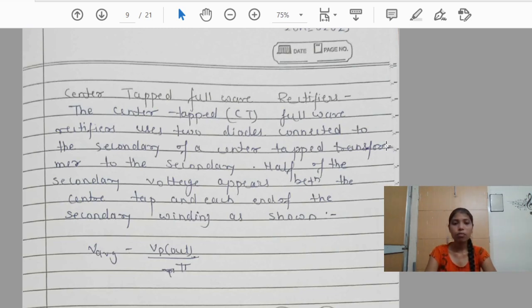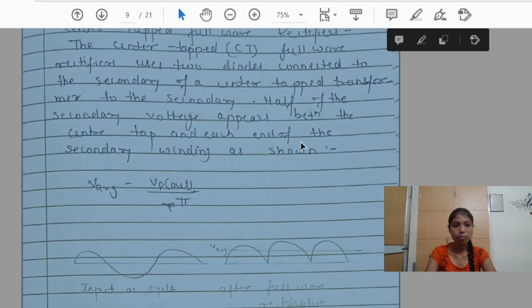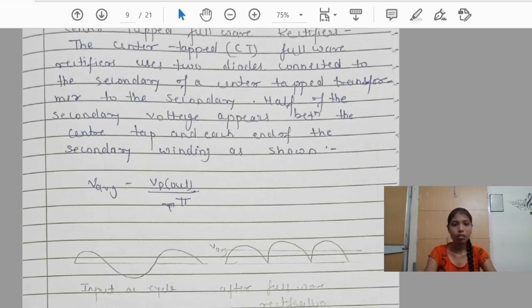Half of the secondary voltage appears between the center tap and each end of the secondary winding as shown. This is the input cycle, and after full wave rectification this becomes this. Then here V average equals Vp out upon pi.